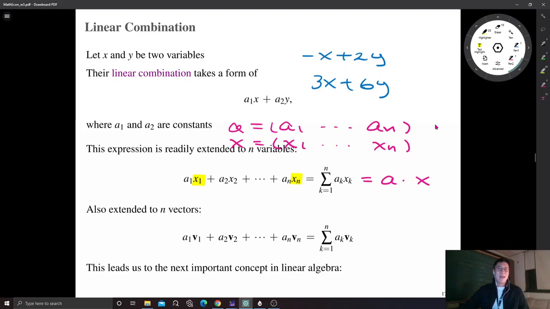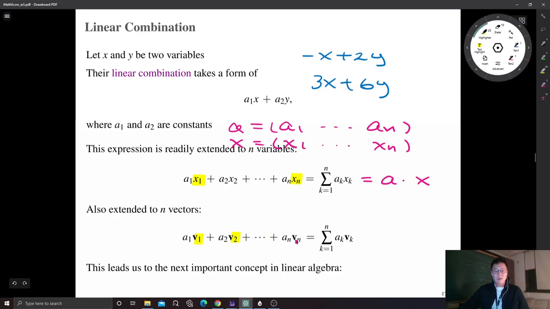But this expression, linear combination, can be extended to n vectors. Now we just change the variable to vector, so change x1 to v sub 1, where v sub 1 is a vector.